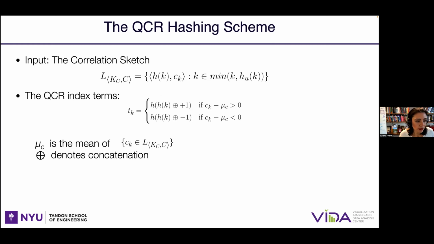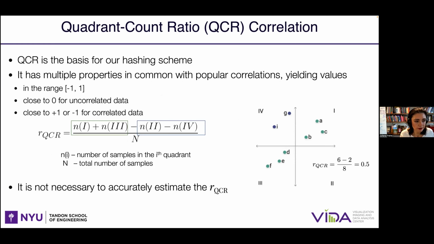So the basis for the scheme is this idea of quadrant count ratio correlation. One of the reasons that we use it is it's simple and it has several properties in common with popular correlation measures. It yields values in the range -1 to 1.